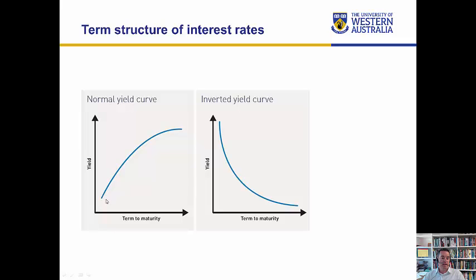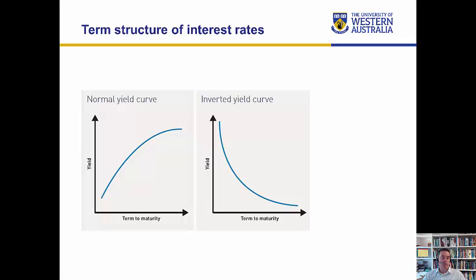And this suggests that with a normal yield curve, the yield curve is rising. That means as the term of the lending increases, the interest rate payable on that borrowing increases as well. There's a positive relationship between the period of the borrowing and the interest rate that is applied to the borrowing. Now this yield is an annual interest rate. That's the easiest way to think about it.